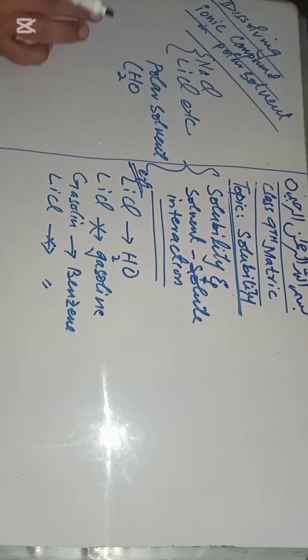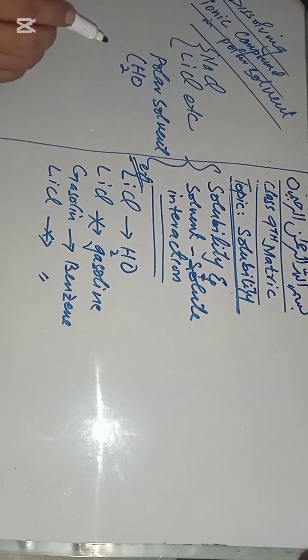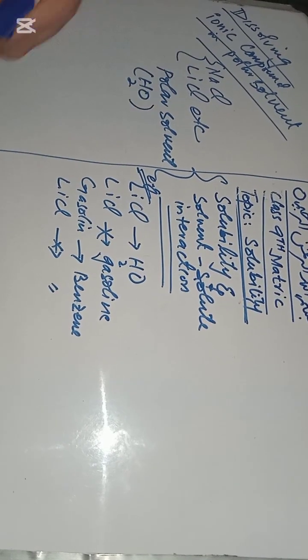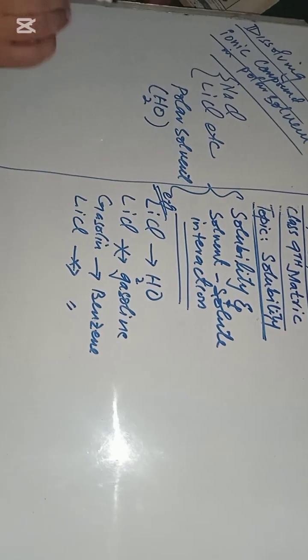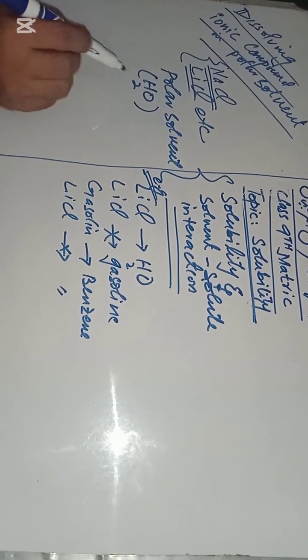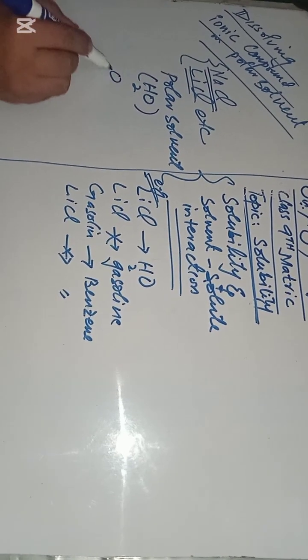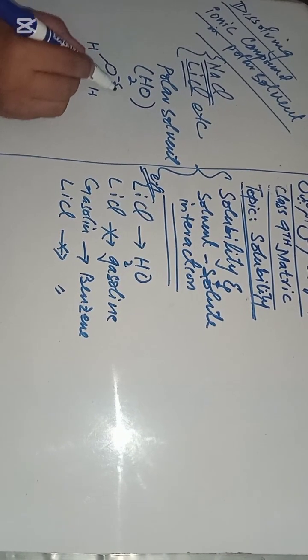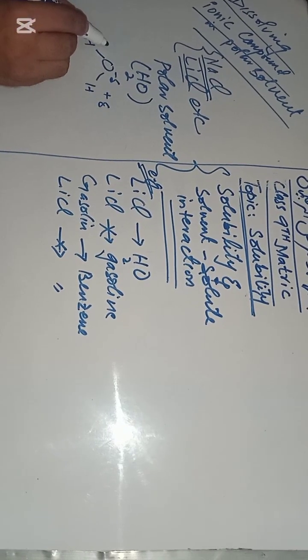When we are putting sodium chloride or lithium chloride, an ionic compound, in water, what happens? They are losing their crystalline form, due to the fact that water is a polar solvent having two poles, the negative and the positive pole. Clear?